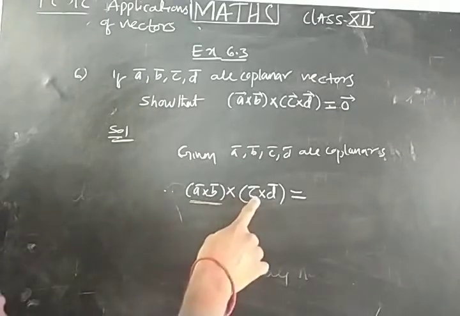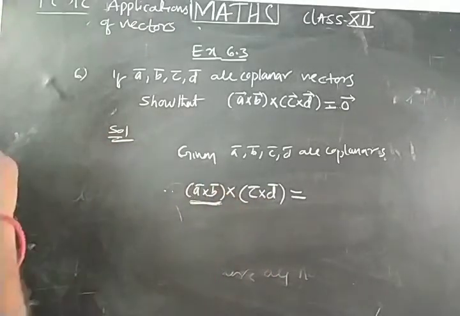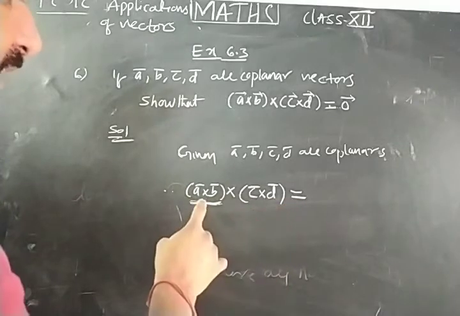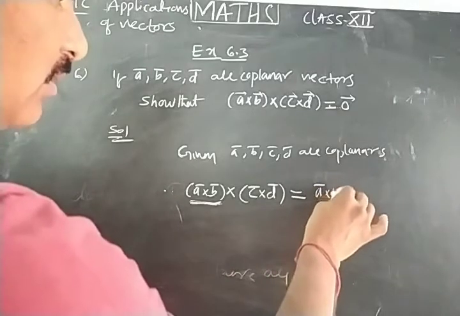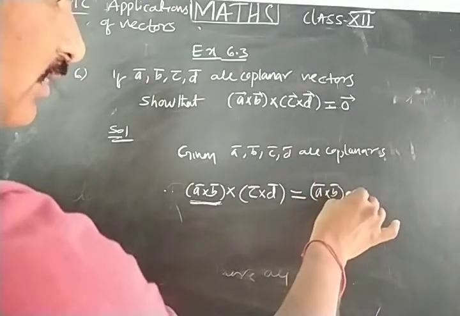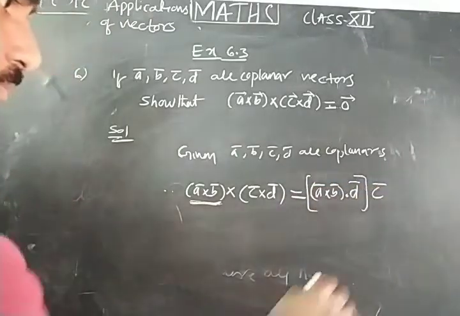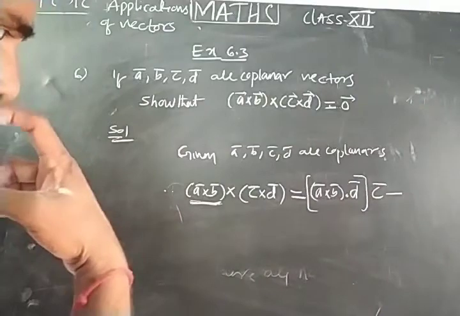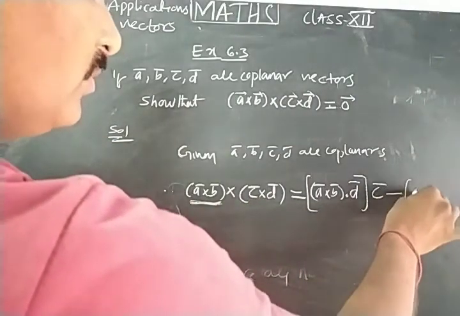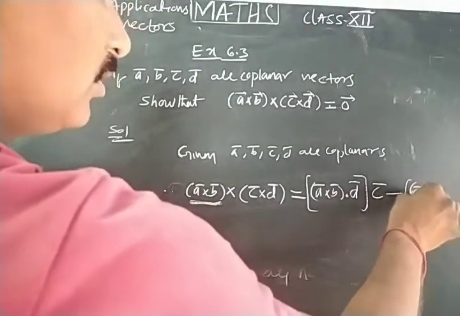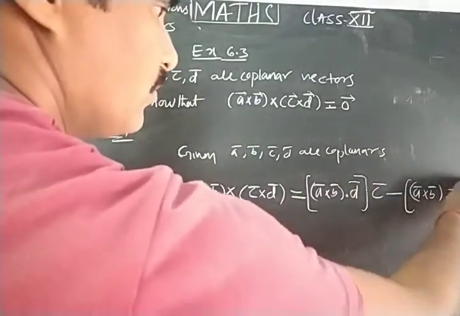Suppose this is (A cross B) cross C. How can we write it by the vector triple product? We define it as the first vector dotted with the second vector into the other vector: (A cross B) dot D bar into C bar, minus (A cross B) dot C bar into the second vector D bar.